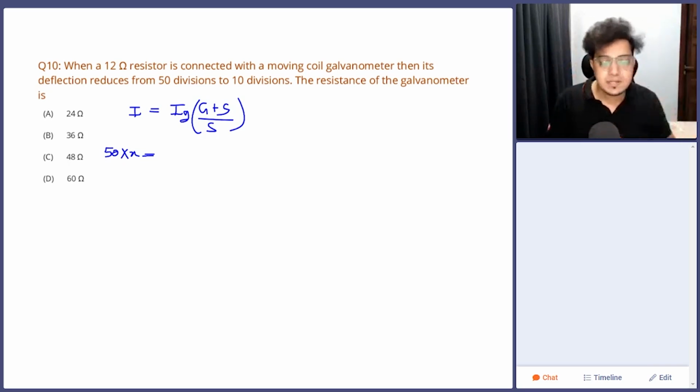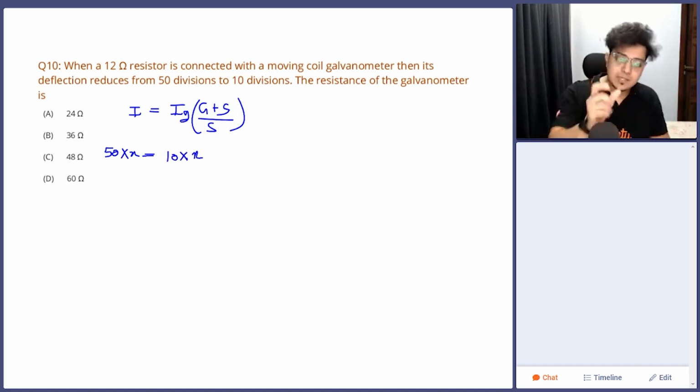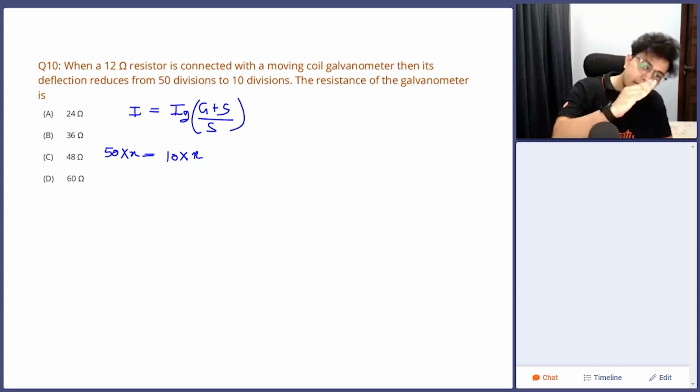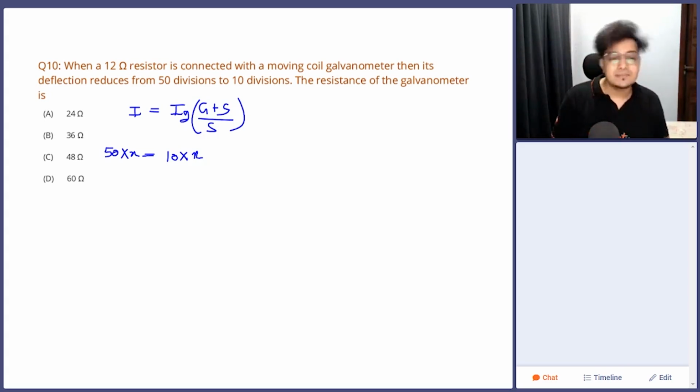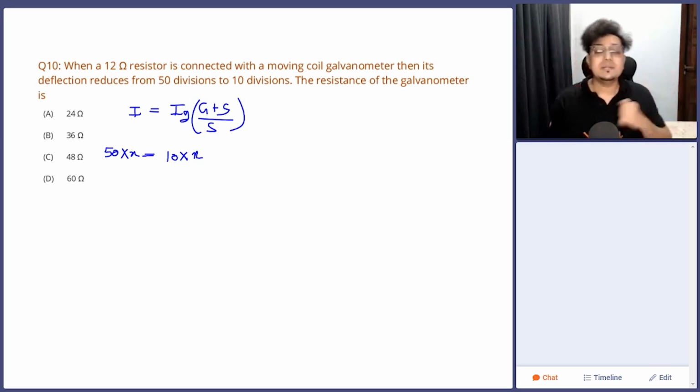But now you put a resistance in parallel, assuming it is taken in parallel, then the current through the galvanometer becomes 10 into X. Understand what the X value is here: X is the current per division.